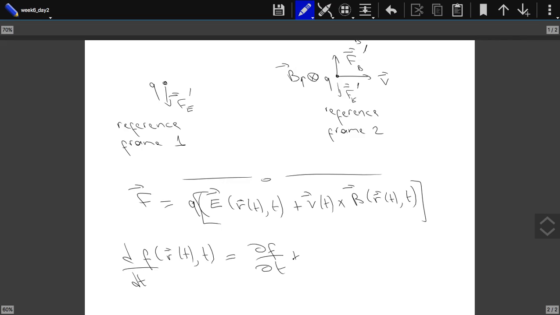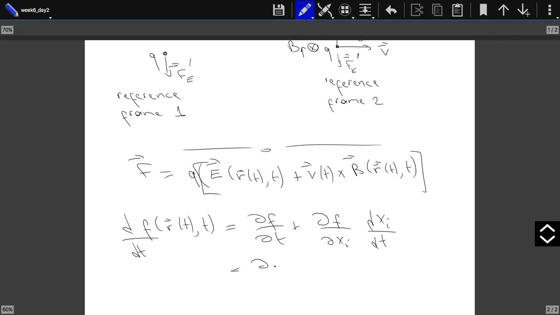That is basically the derivative of f with respect to xi times the derivative of xi with respect to t, or written in a different form, plus v dot gradient of f.